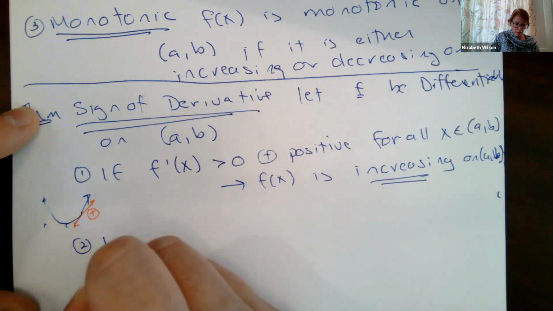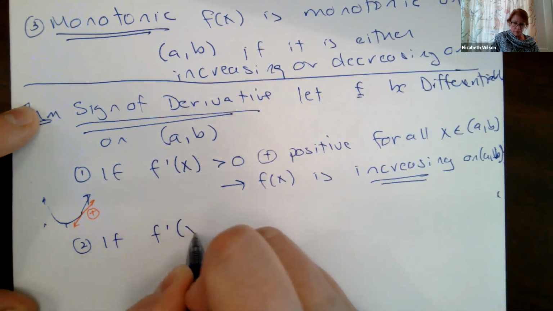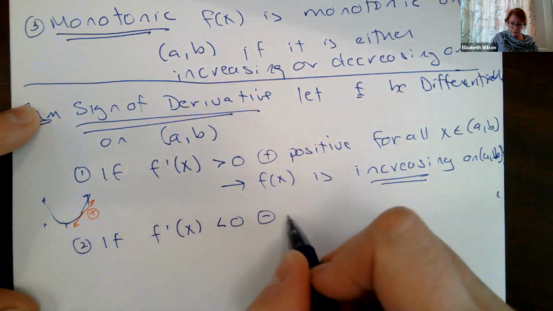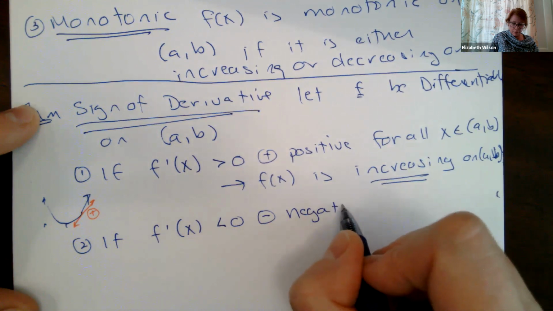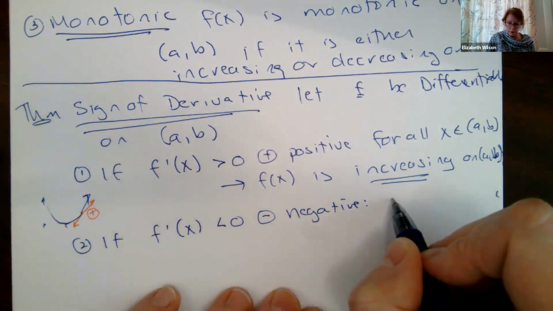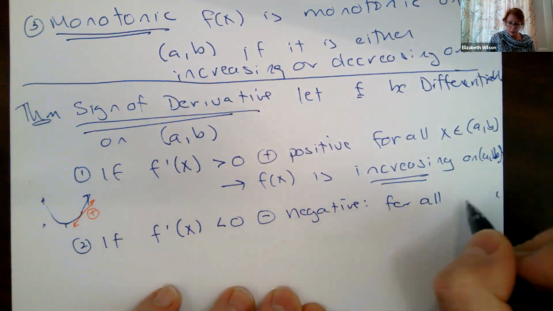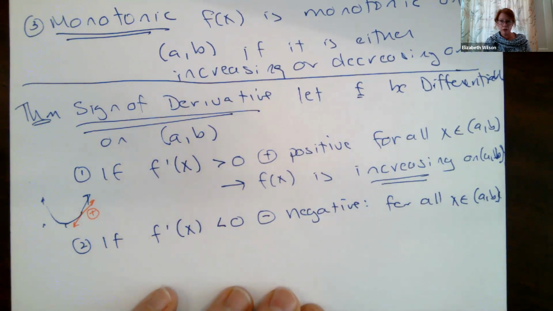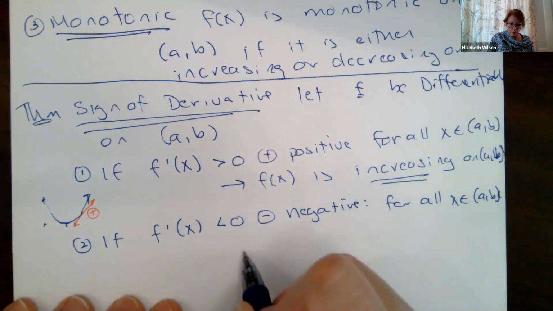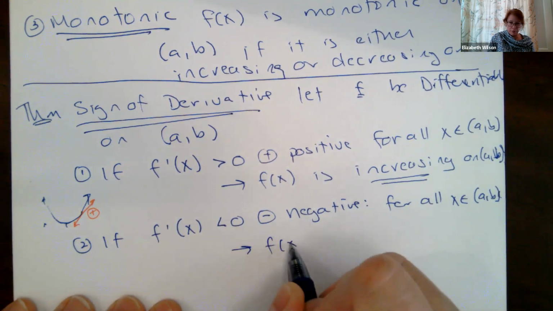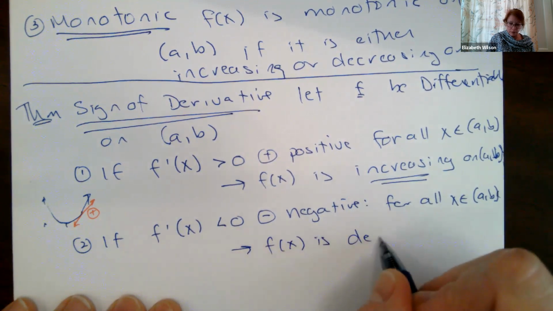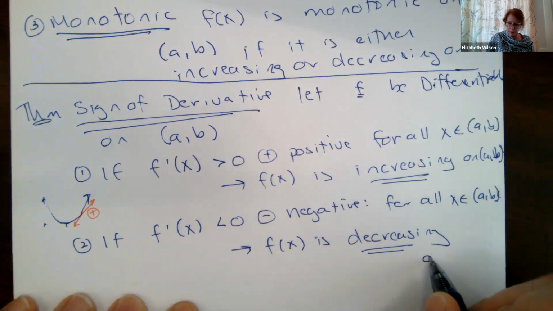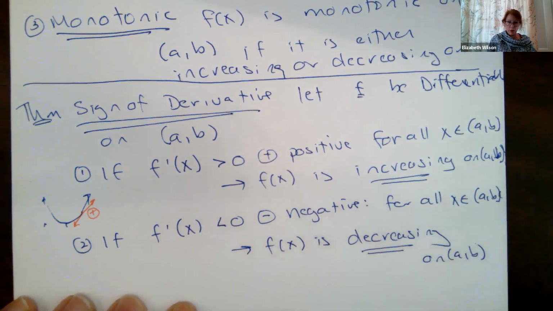Okay, so now let's do the other part. So if our first derivative is less than 0, that makes it negative for all the x values within our interval, okay, then we say our function is decreasing on this interval a to b, which we'll have to specify.